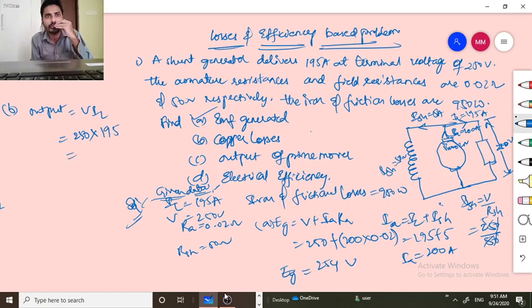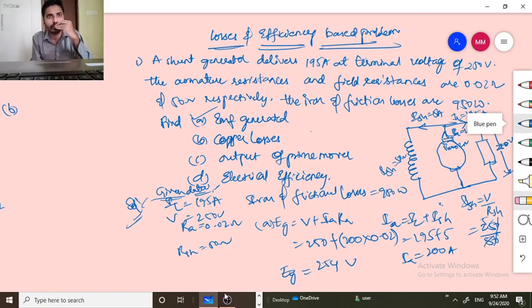If you multiply these two you'll get output power. Sorry, there is no need of that here. We will calculate this again, but before going to this we can see the copper loss.